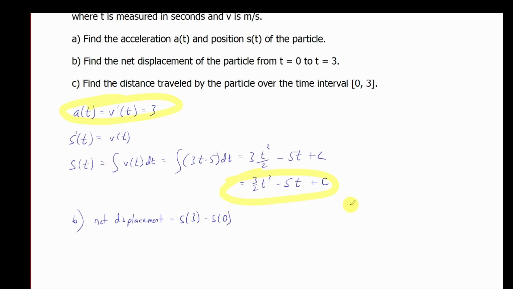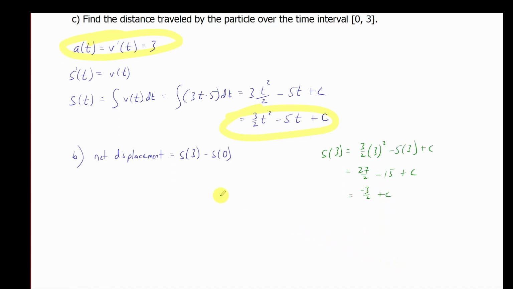So let's compute those separately. s of 3 is 3/2 times 3 squared minus 5 times 3 plus c. 3/2 times 3 squared is 27/2 minus 15 plus c. 15 is 30/2, so I have negative 3/2 plus c. s of 0 is 0 minus 0 plus c.